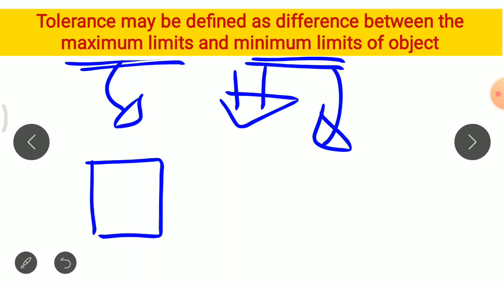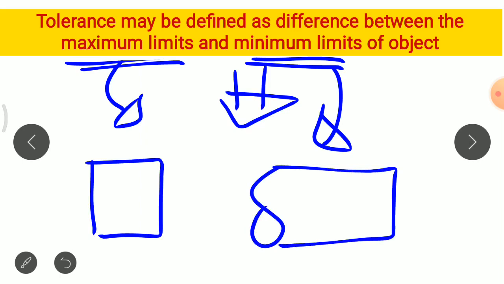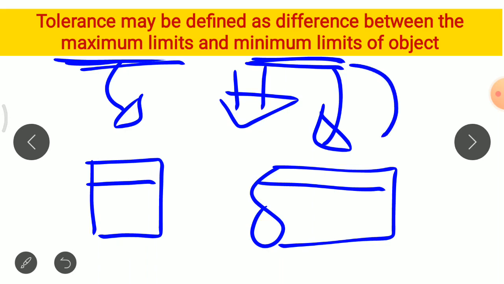First one is a hole and second one is a shaft, because in our whole chapter we have different terminologies and all of them we have to mark in both diagrams. So we will discuss first the maximum limit and minimum limit, and depending upon that we can identify the tolerance zone.